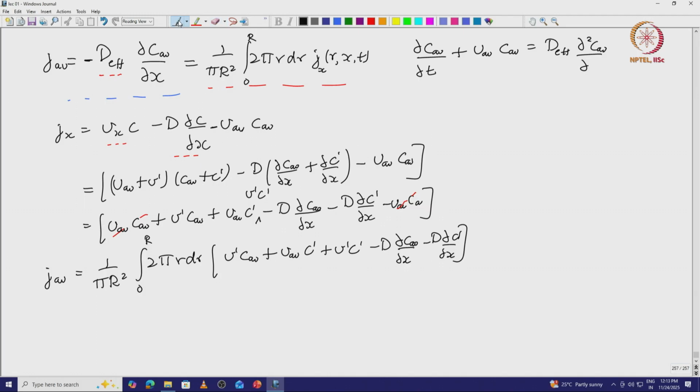This is the equation for the average flux, that is the dispersion along the axial direction. I have one contribution here due to V average times C average, so I have to subtract that out from the total flux.